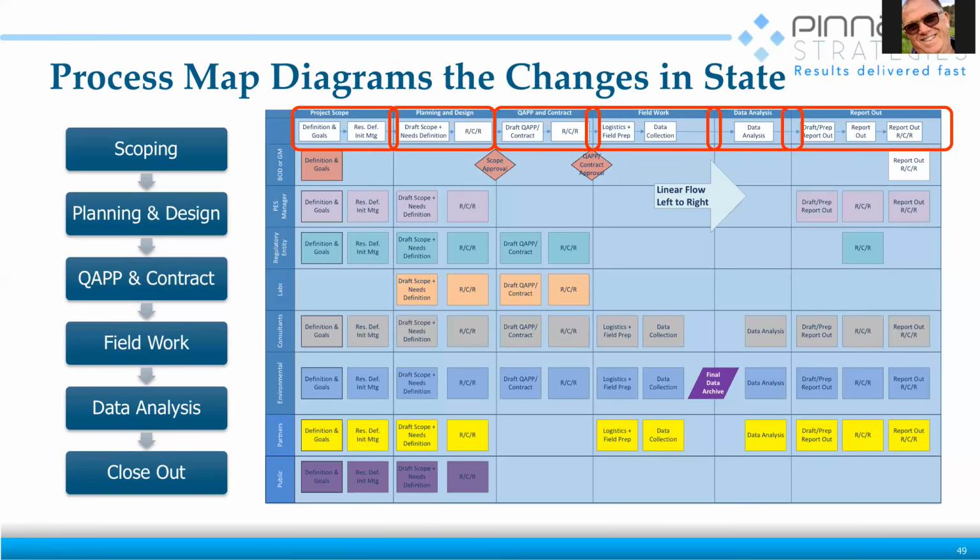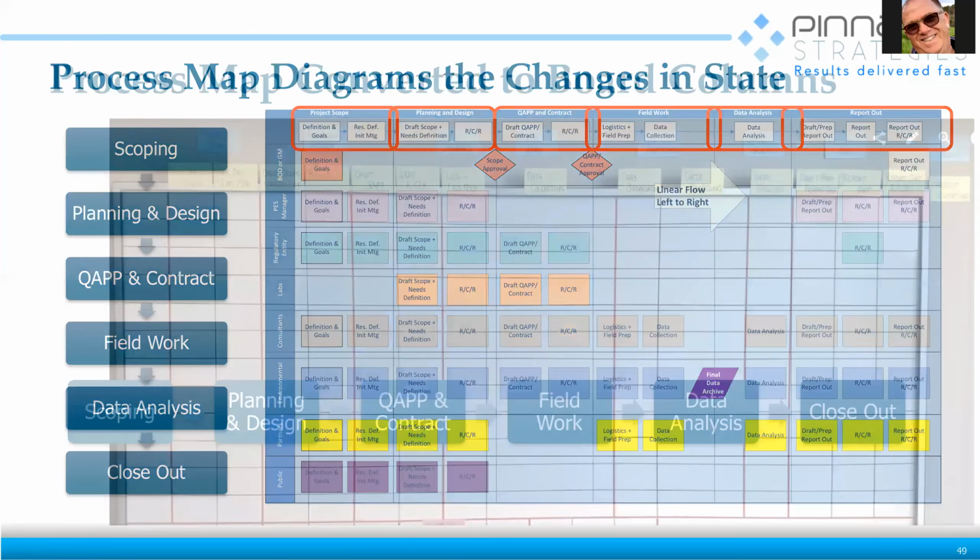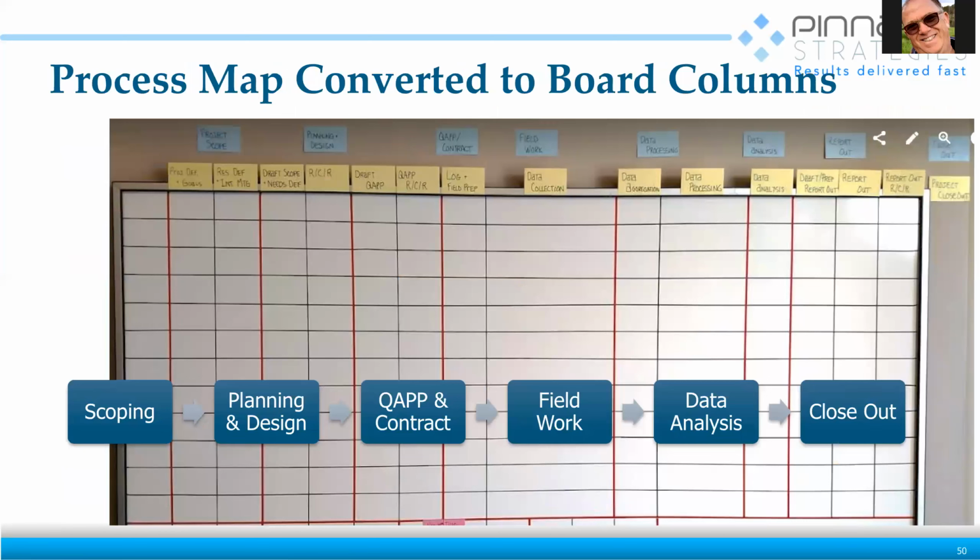All right. Well, that process map became this board. So you've got step one over there, way over on the right. I don't know why I did it that way, but you can see how the categories are moving. The stages of work are moving, and notice that they're already subdividing some of their work. Here, I'm going to go over here to this QAPP contract, right?